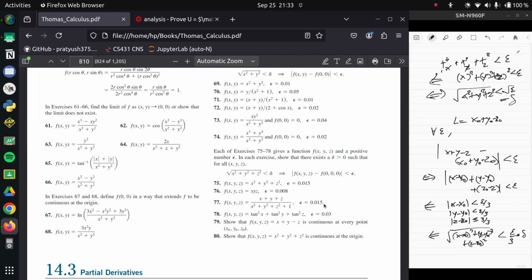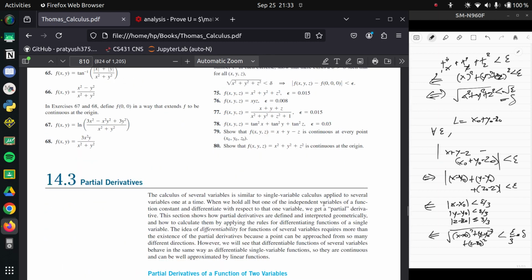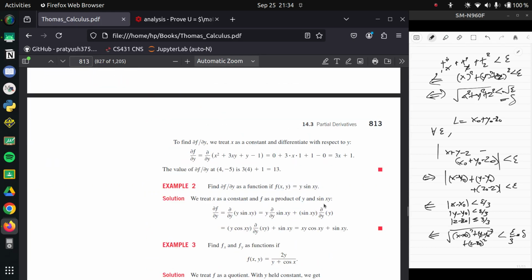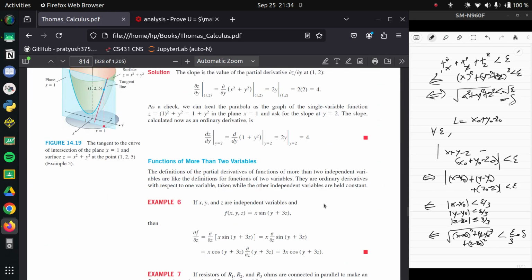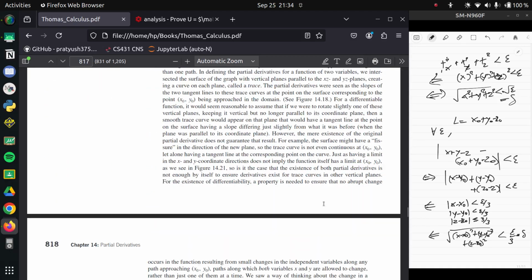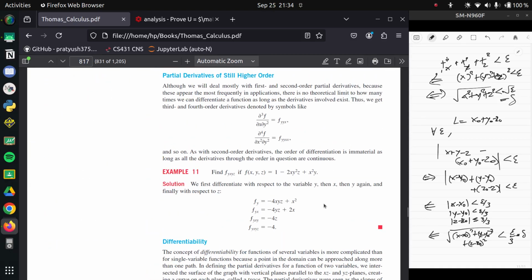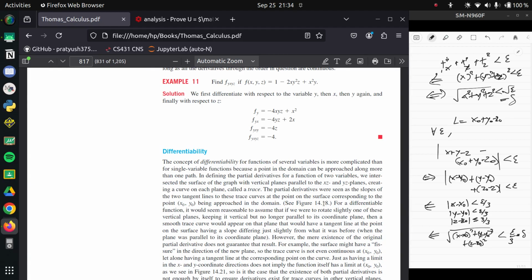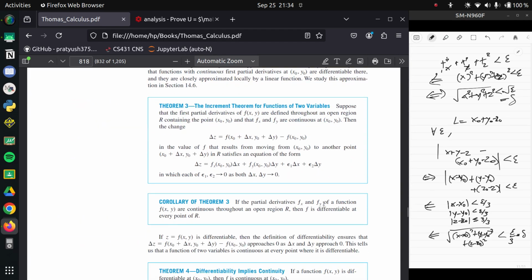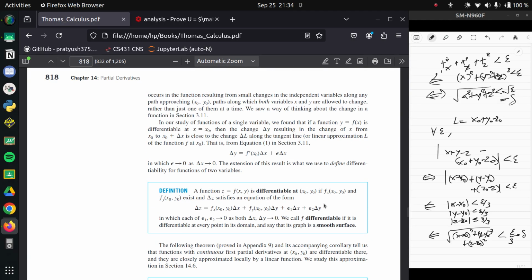Okay, next. Differentiability. So you just have the usual stuff, the what do we call it, actually never mind.